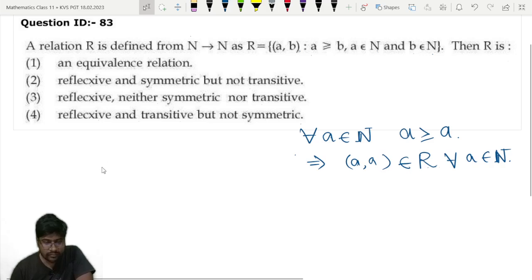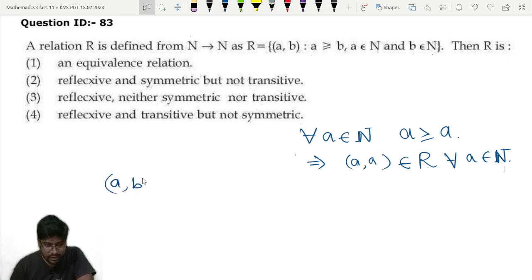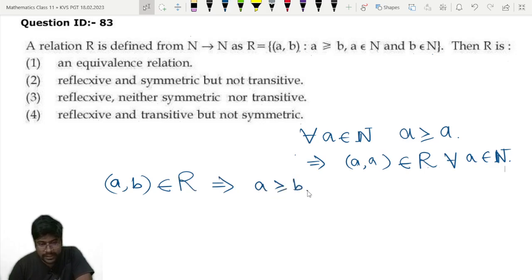Now what about symmetricity? Whether it is symmetric or not. For symmetric, what we need to have is, if (a, b) belongs to R, then that will imply a is greater than or equal to b.